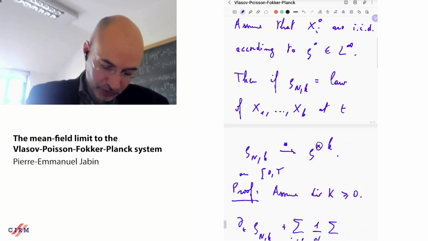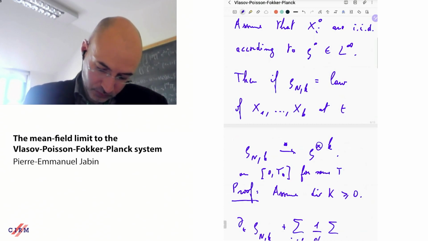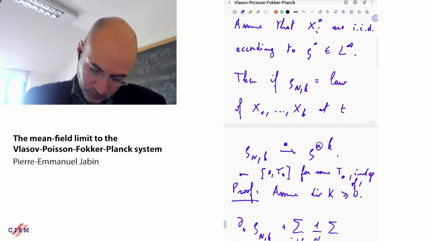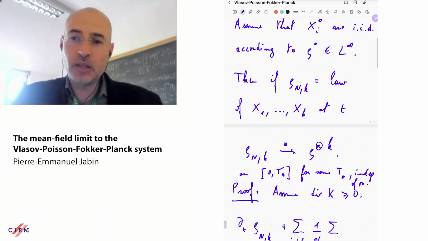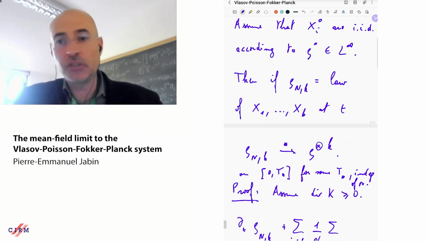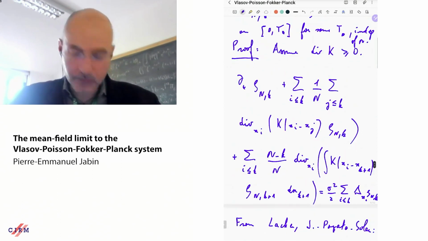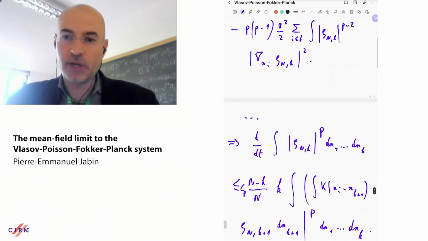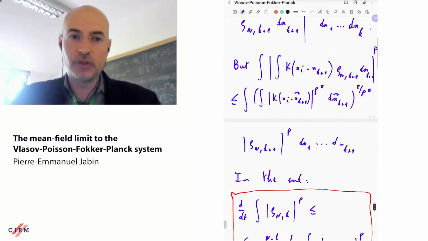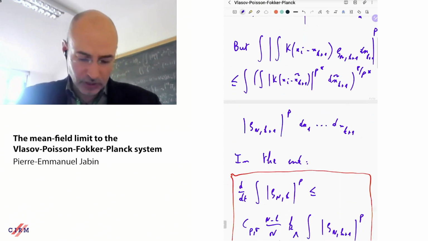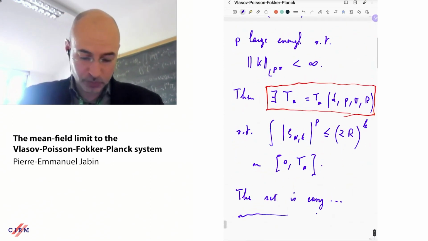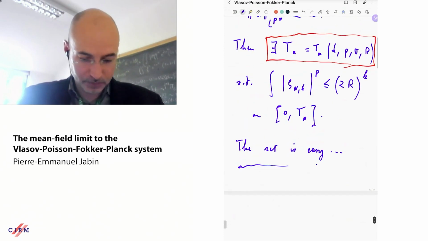So I should be careful here. Now, in this confined case, it is very likely that we could improve this short time. So I don't think that's a very defining feature. I'll discuss that once we have a result for the Vlasov-Poisson, where I think it's actually much more essential.